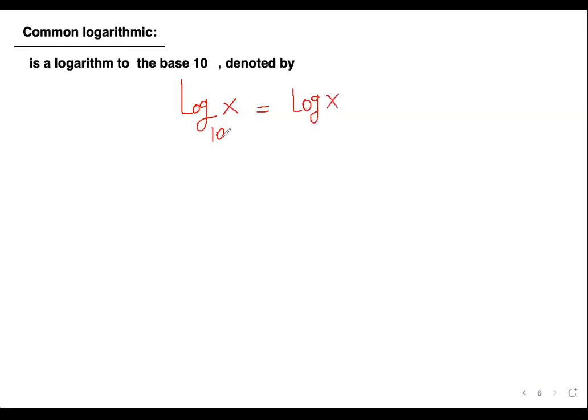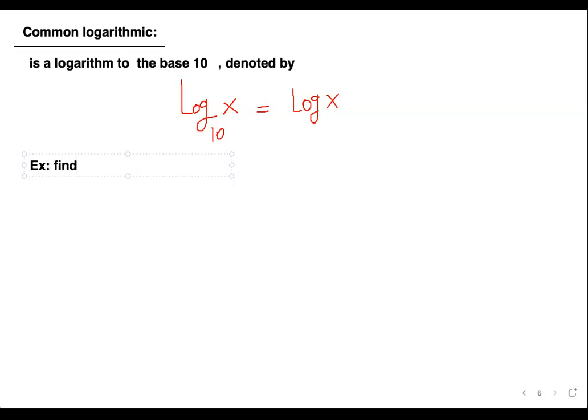So we can hide the base. We don't have to write the 10. Log x to the base 10 is always equal to log x. So logarithm x to the base 10 equals log x without the base. Some examples now.